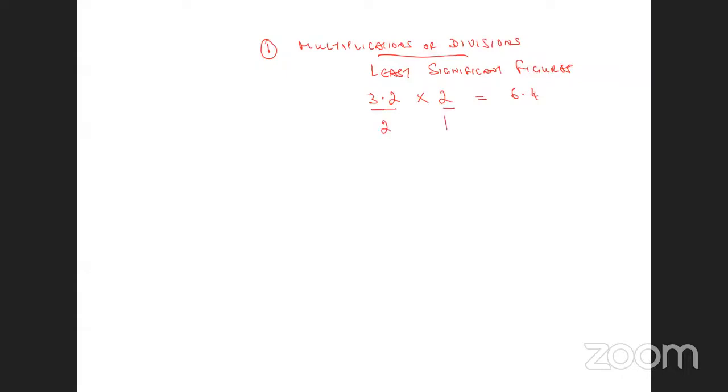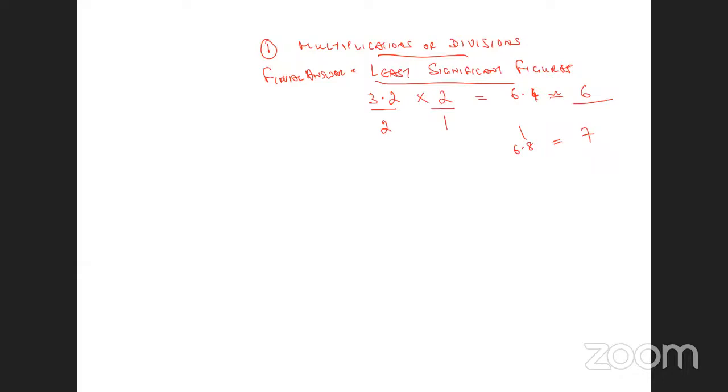So the final answer should match the least significant figure value. So there's only one, so 6.4 we have to write as 6. If this was 6.8 or something, then we write it as 7. So you round it up or down to match the least significant figure value.